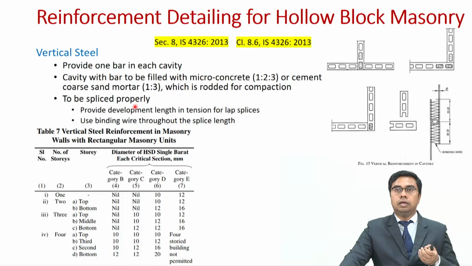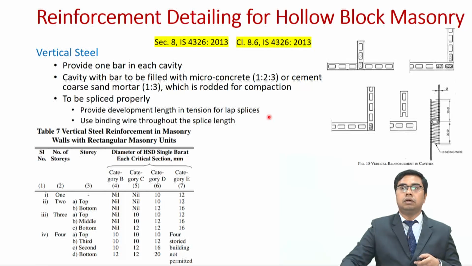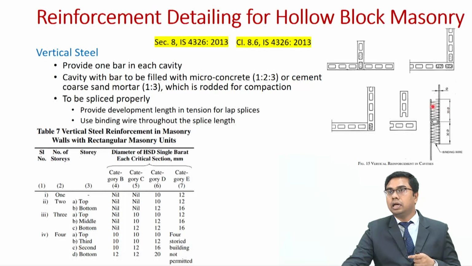Then since you are providing this vertical steel throughout the building height, you will need to splice it somewhere. So for splicing you end up providing development length in tension for lap splice. Also you use binding wires throughout the splicing length as shown over here. You can see these binding wires shown over here.